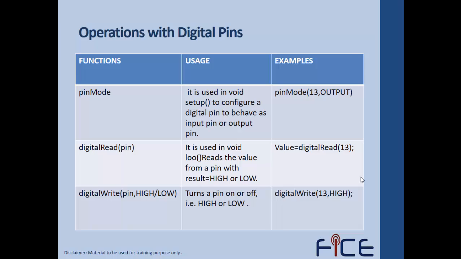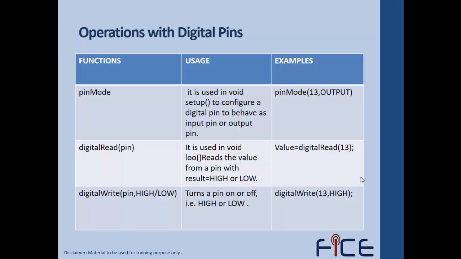Next we have our operations with digital pins. We have three APIs for the digital sensors. First one is pinMode. It is used in the void setup and used to configure a digital pin to behave as an input or output.